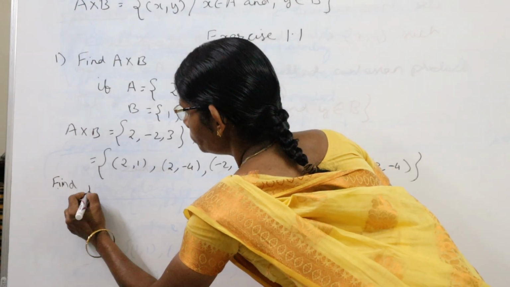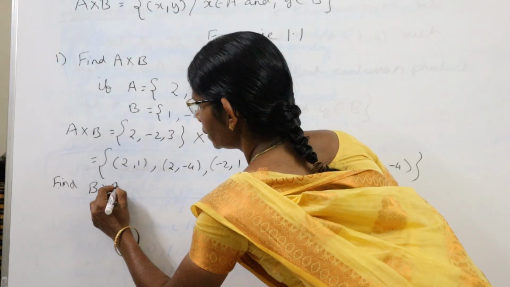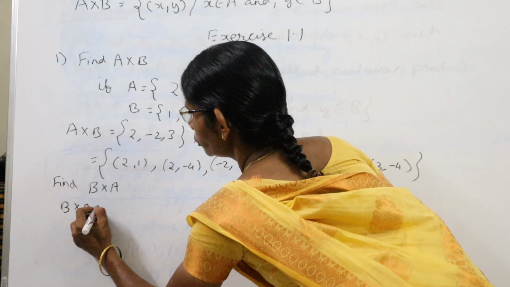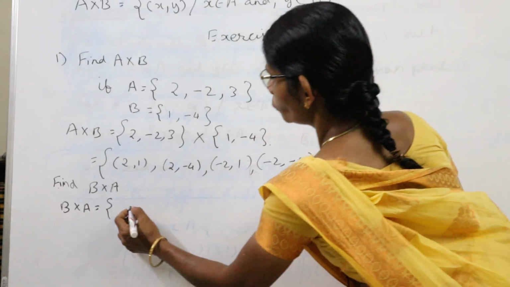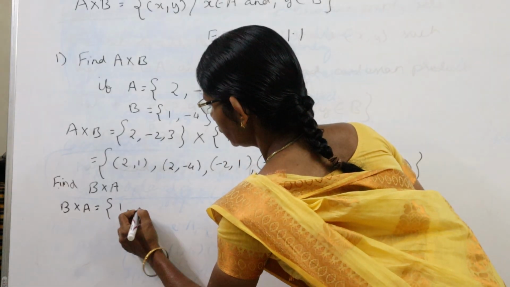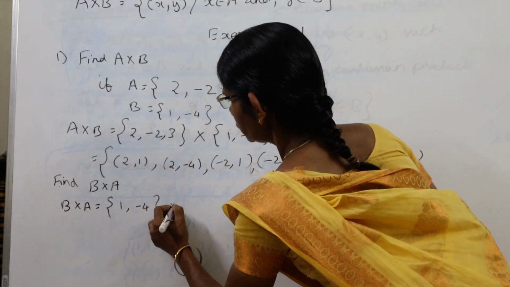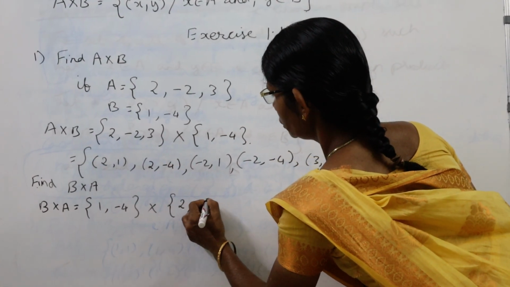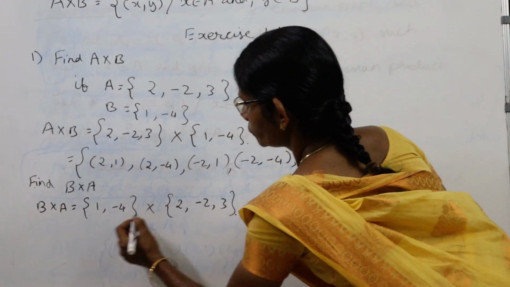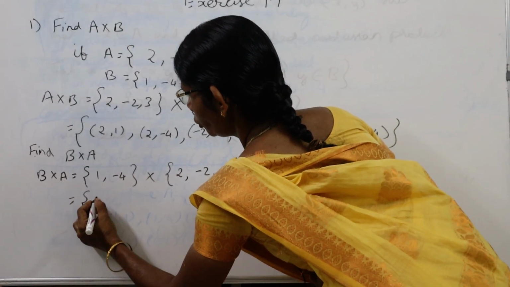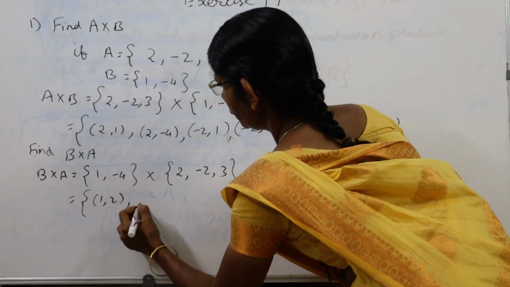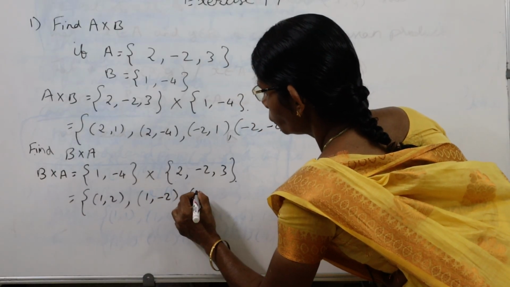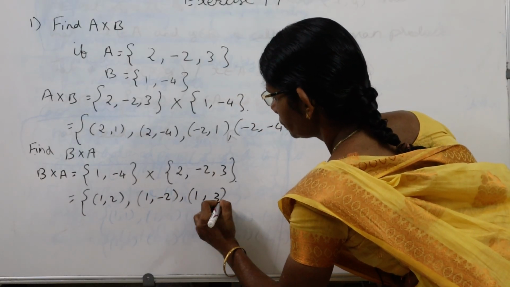Find B cross A. Now B cross A equals {1, -4} cross A, where A is {2, -2, 3}. That is the set of all (1, 2), (1, -2), (1, 3).